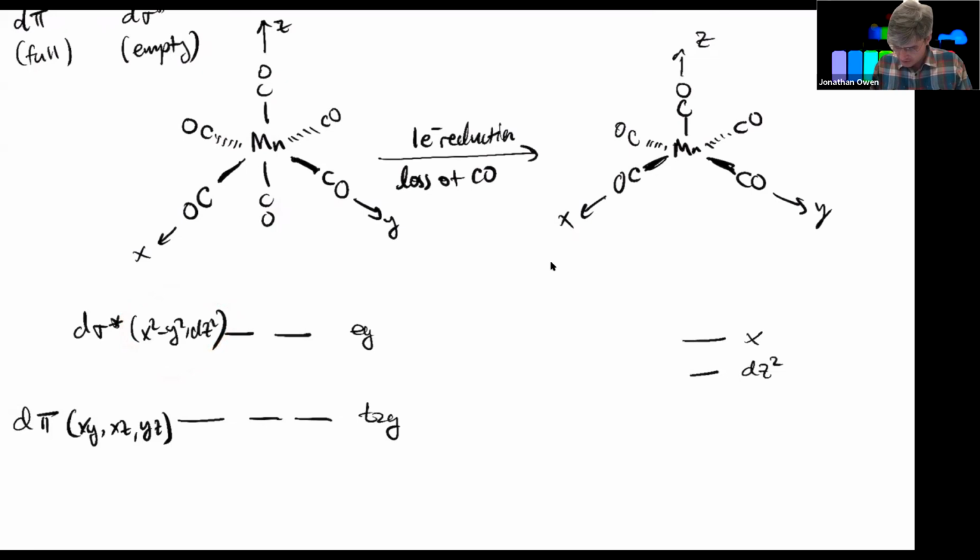X squared minus y squared is not, because the x squared minus y squared points at these COs, and it still has four of them. Dz squared is missing a ligand now, so now it's not as antibonding anymore.